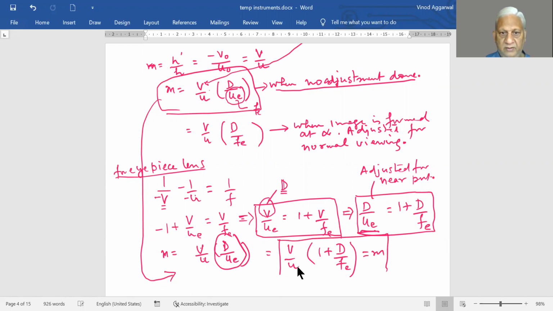This is our formula for magnification for near point adjustment. So we have seen our magnification for normal viewing as well as for near point adjustment.